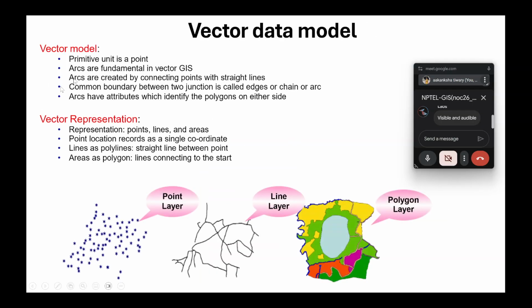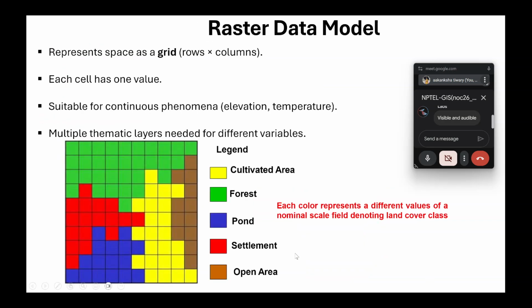Like if you want to show cities, you can use point layer. If you want to show roads or river network, you can use line layer. And if you want to show a lake or a city boundary or a state boundary, you can use polygon layer. So I hope till this everything is clear.